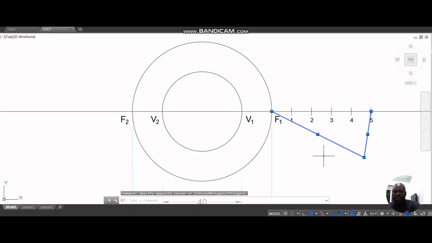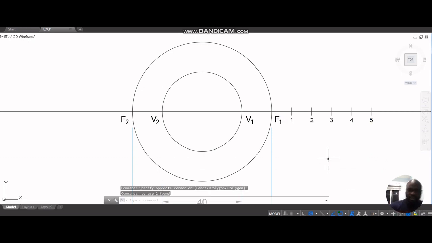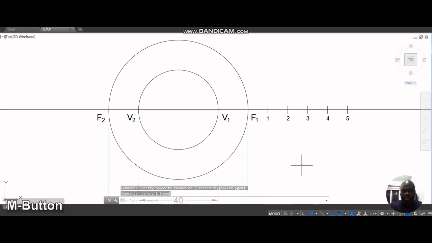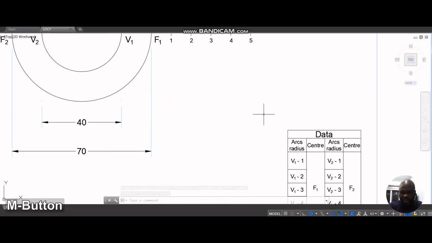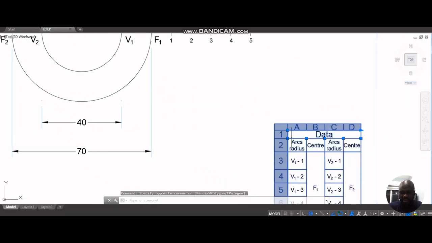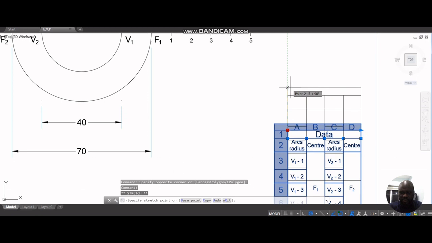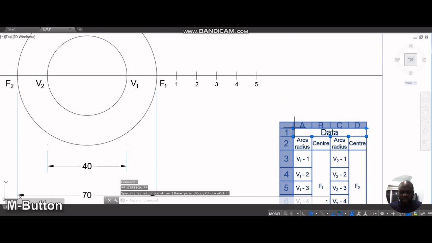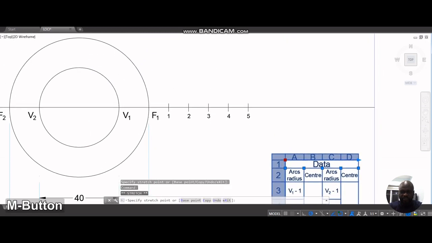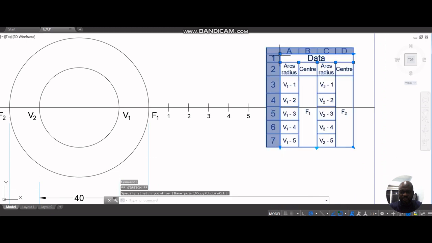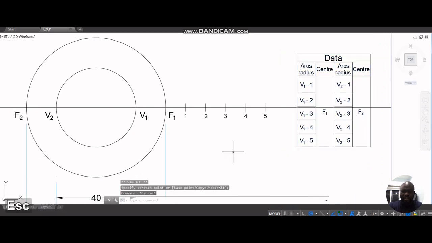So let's go to the nitty-gritties of it. I have done a tabulation here to help me look at what I'll be doing. I think I should lift it up and bring it close.